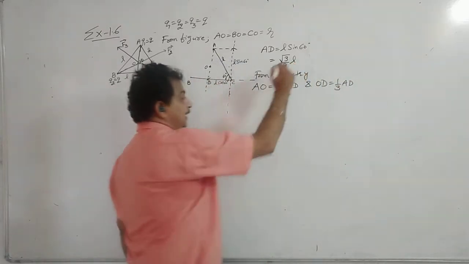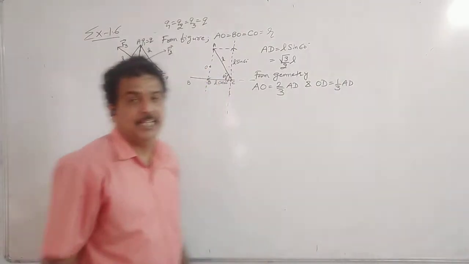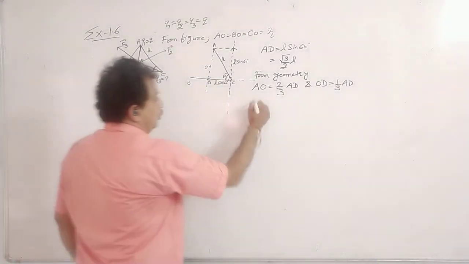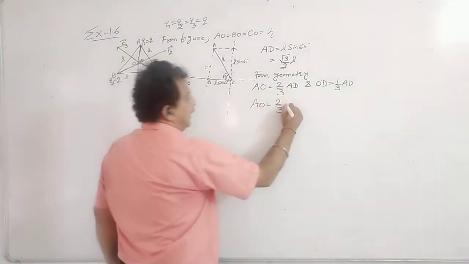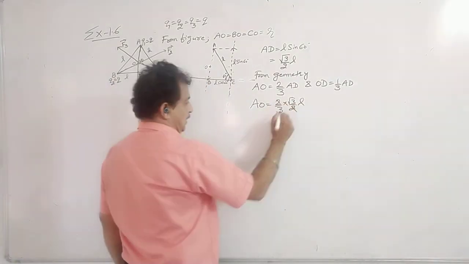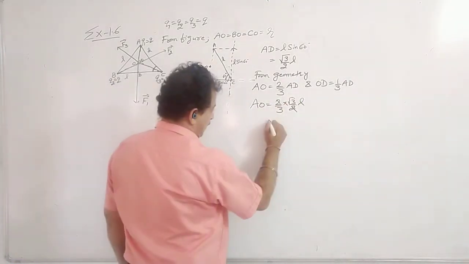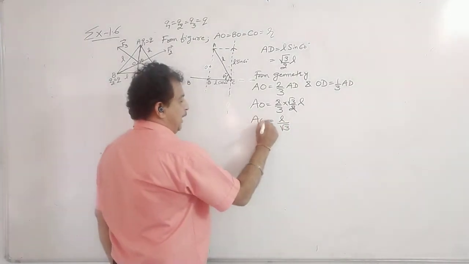We have found AD. We don't require OD, so we are leaving that. I need AO. So AO is equal to 2/3 AD, and AD is root 3 by 2 L. The 2 cancels, and 3 by root 3 gives root 3 in the numerator, which cancels. So I get L by root 3. So this is my AO.